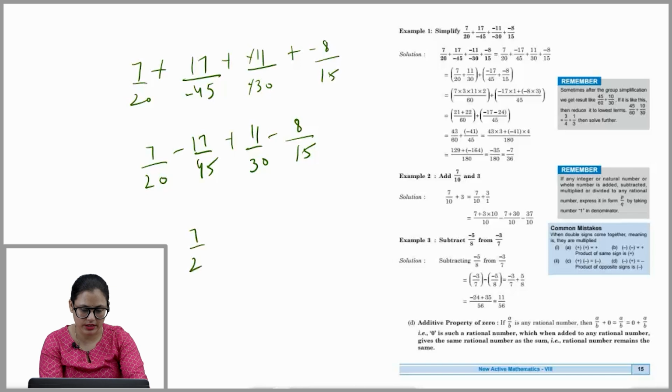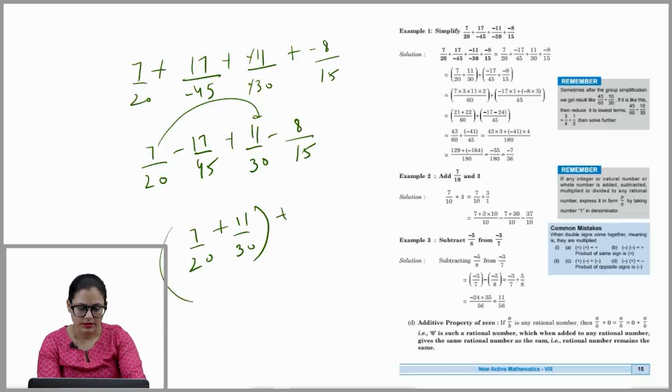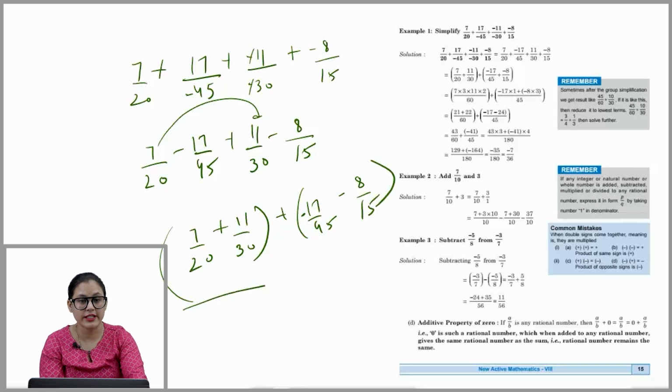7 by 20, we will add these two first, plus 11 by 30, then minus 17 by 45 minus 8 by 15. If we take the LCM as 60, then 21 plus 22.